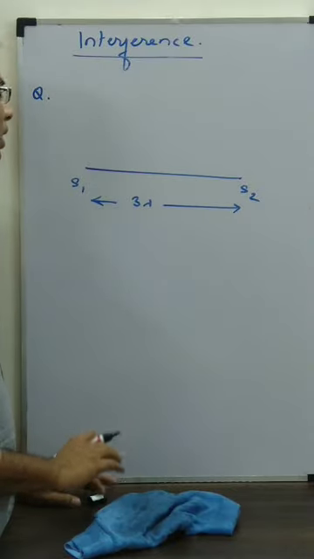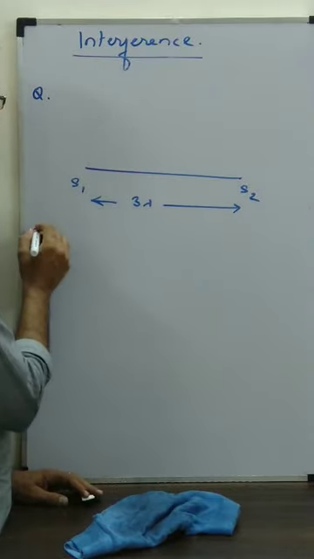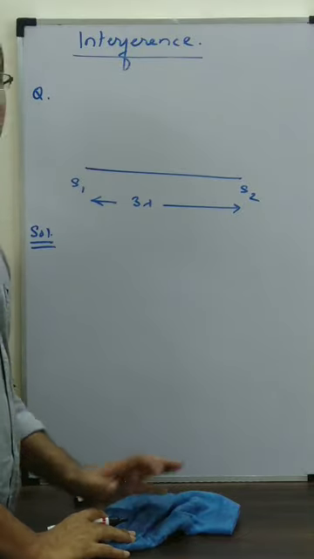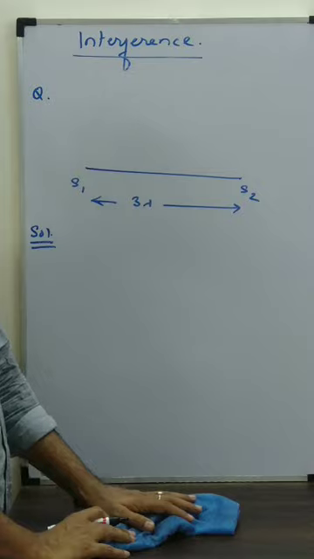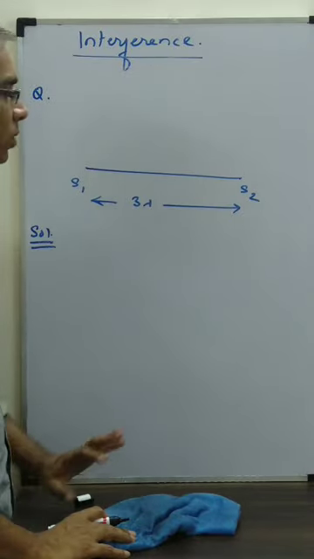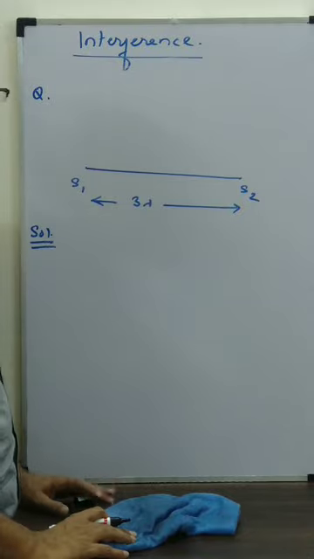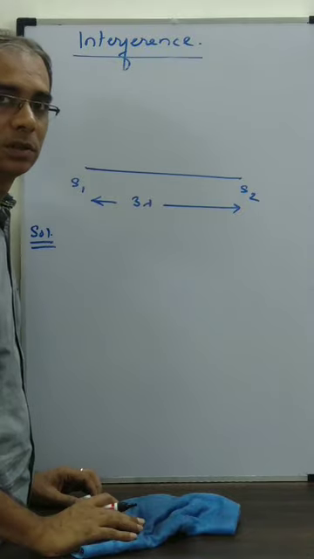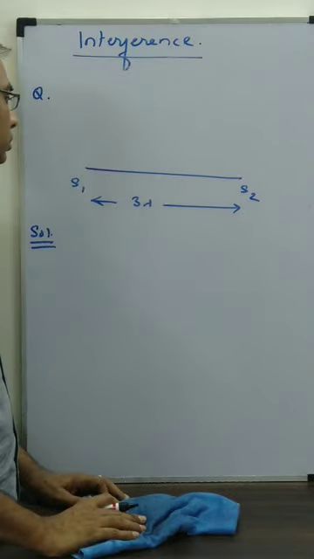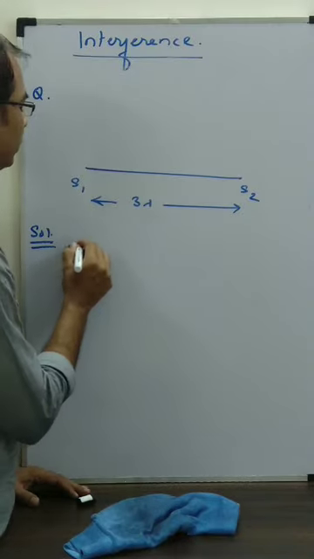Okay, now first thing is, if we start solving it, the first question that arises is, what is the maximum path difference between the two at any given position? Anywhere you take the point, where will be the maximum path difference and where will be the zero path difference? Okay, so let's talk about zero path difference first.